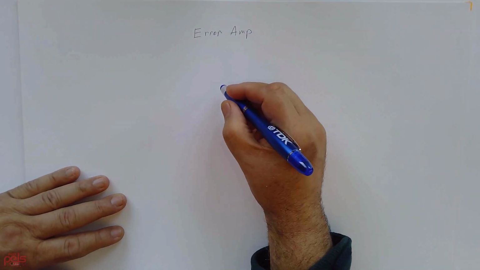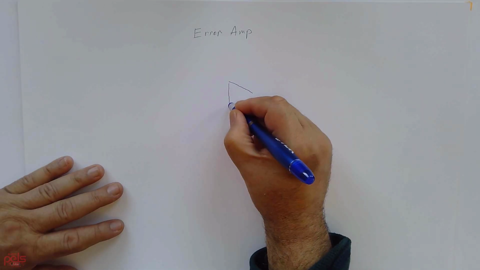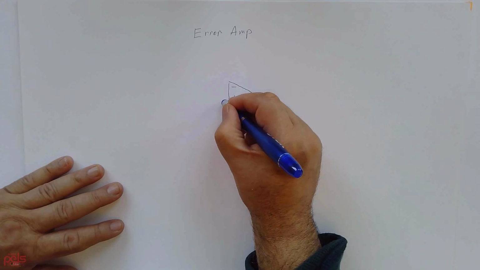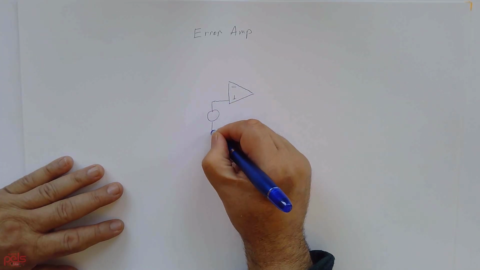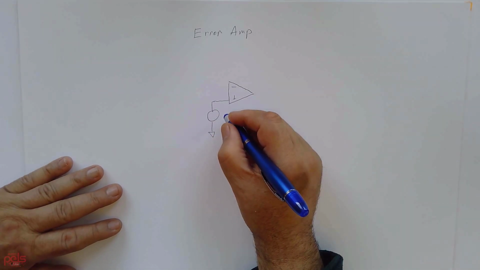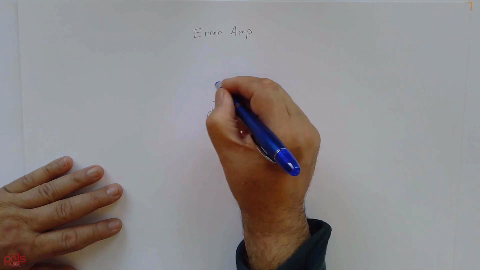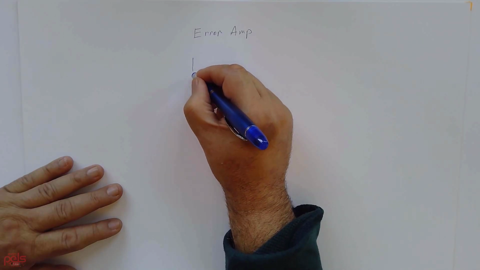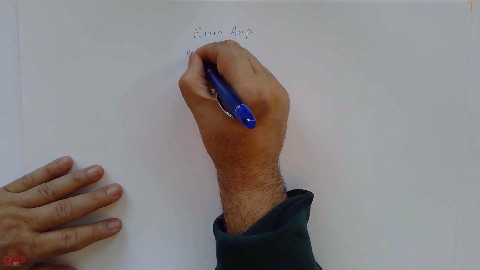Okay. So the error amp, your non-inverting will have your reference. In this case, on the UC1845, it's a 2.5 reference. And then you have your divider. And keep in mind, this is V out.